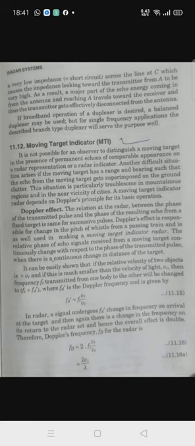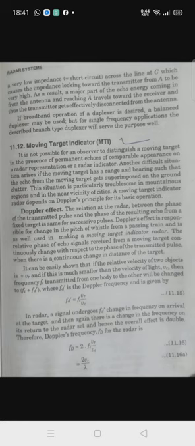The echoes which are received from the moving target and the stationary target, it is not possible for an observer to distinguish between them. Among the echoes received by the receiver antenna, distinguishing between the moving targets and the stationary ones is not possible for an observer.